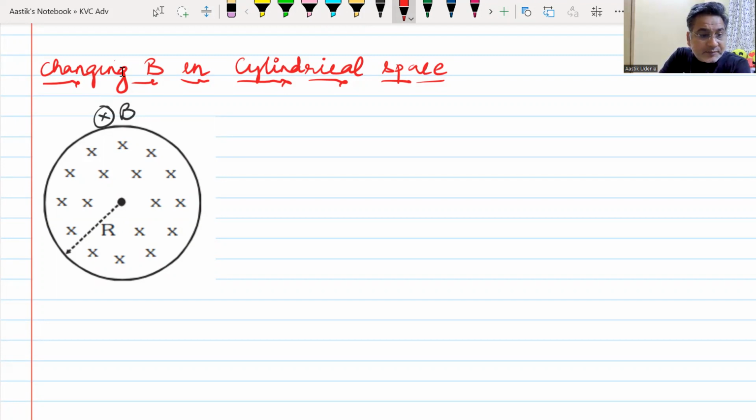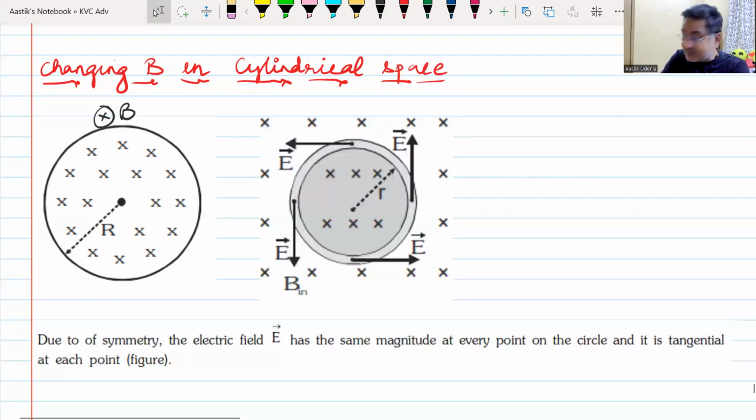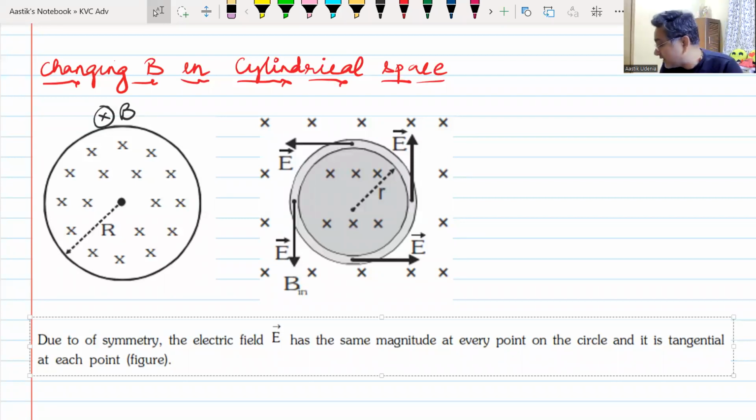Now, in this particular case, because of the symmetry of the diagram and the symmetry of the question, the electric field which is induced in this cylindrical space because of the changing magnetic field would be moving in concentric circles like this. Whether it is moving clockwise or anti-clockwise depends on the direction of the magnetic field, and whether it is increasing or decreasing.